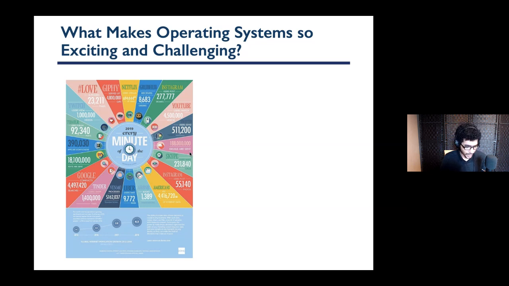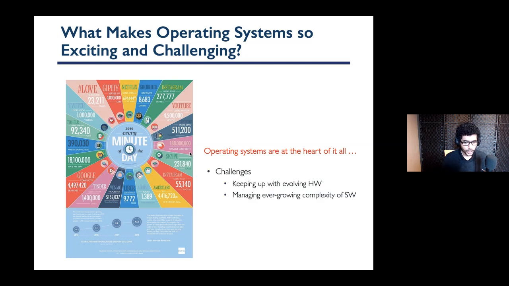Just look at any single one of these. These are really interesting numbers. The thing is that operating systems are at the heart of all of this, whether you talk about cloud computing or distributed systems. The concepts that you will learn in operating systems will be used in all of those systems.